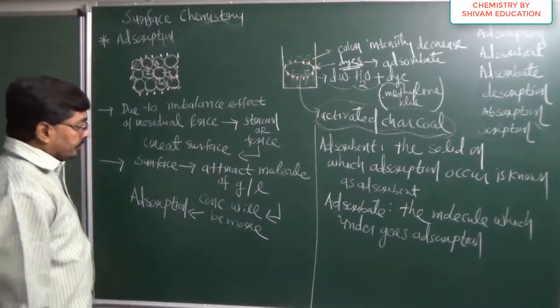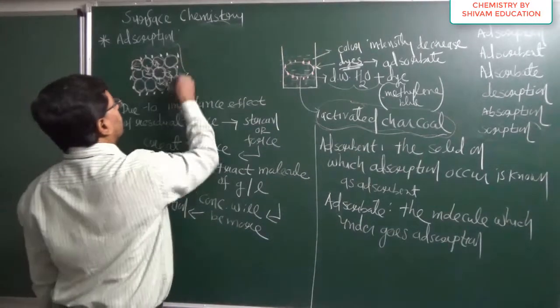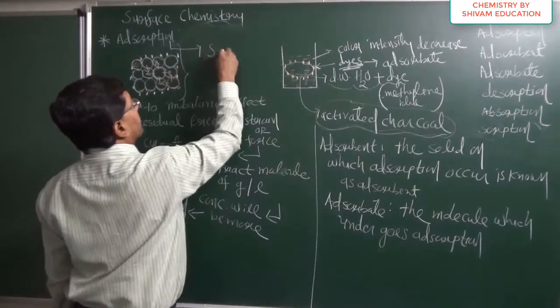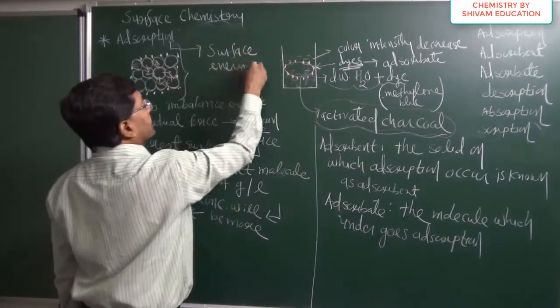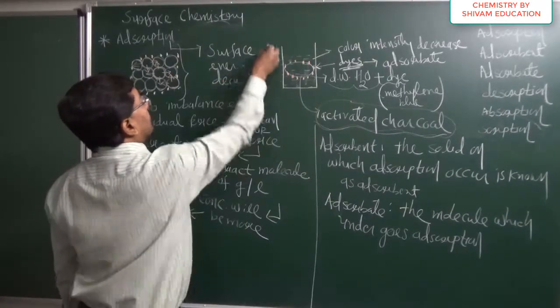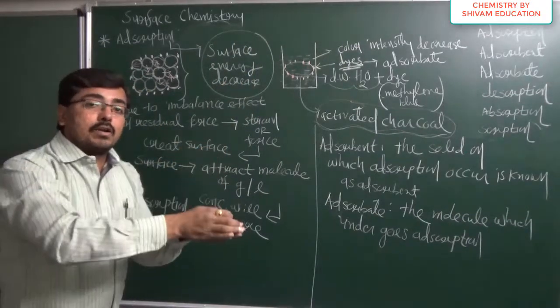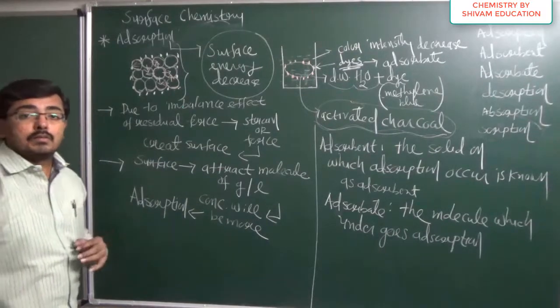Now it is observed that due to adsorption, we have to write this thing: surface energy will decrease. Surface energy is going to decrease. Why does the surface energy decrease? Because once a molecule is attracted on the surface, it has less capacity to attract another molecule.